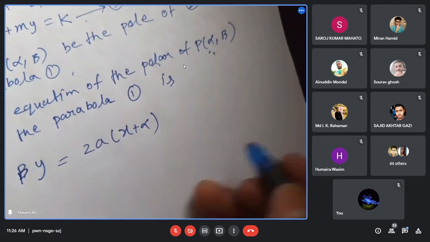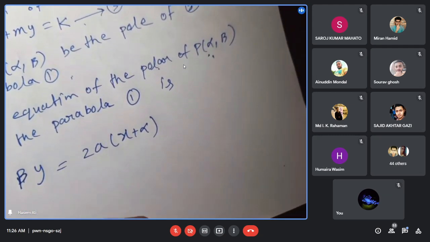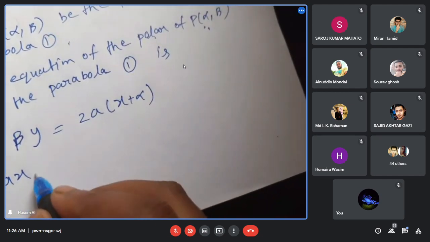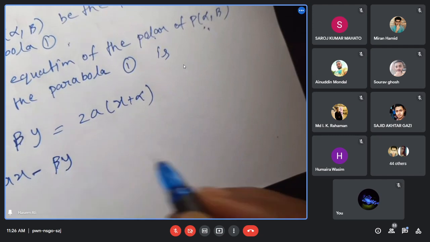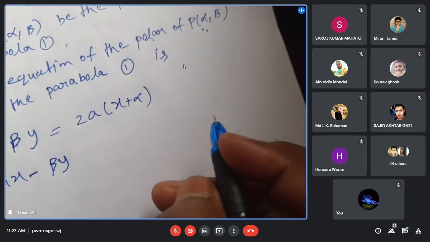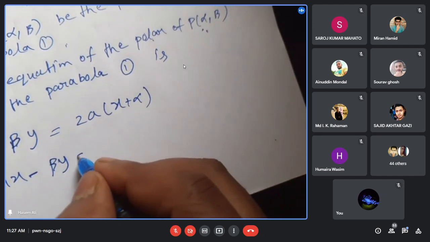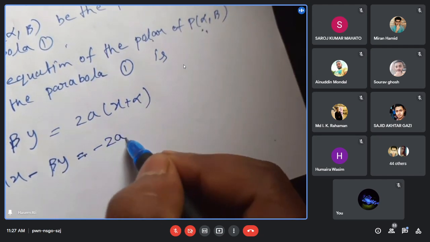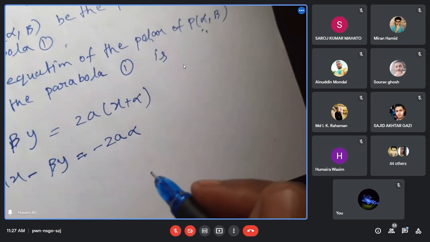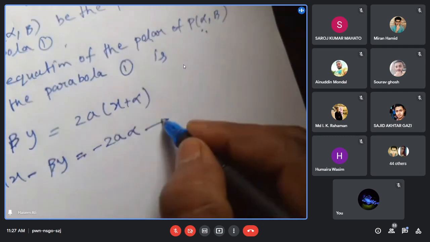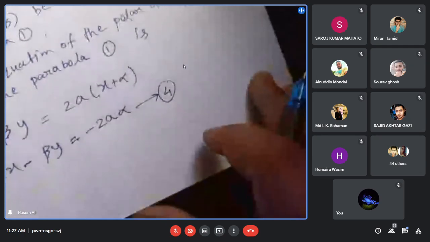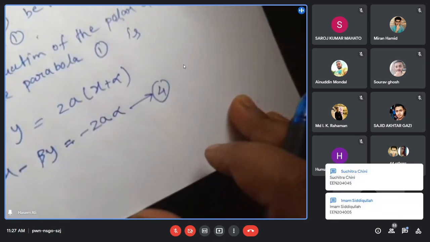That means 2ax minus beta y equals minus 2a alpha. This is our equation 4.